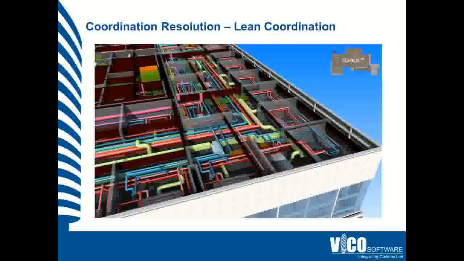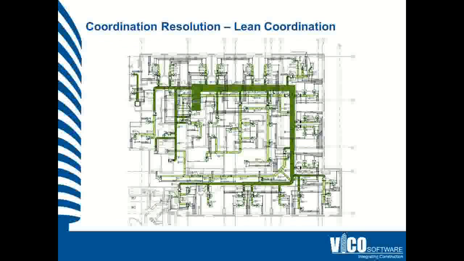I show you only one image of a coordinated MEP system because I'm pretty sure, as coordination is an existing thing, you have seen a couple of images like this. But I would rather show you a 2D document that we create at the end of the exercise.